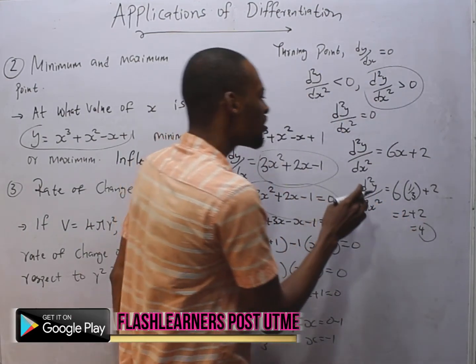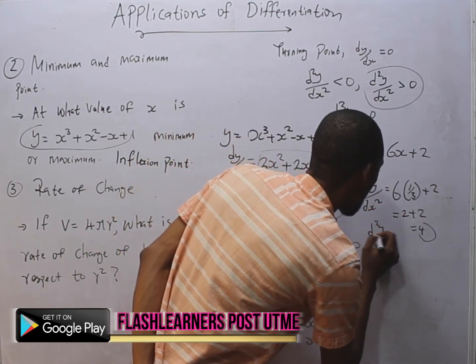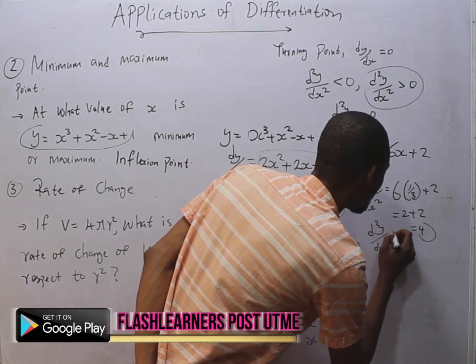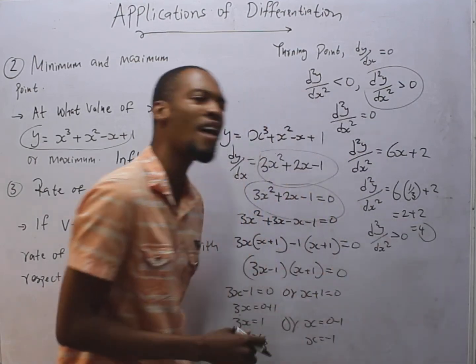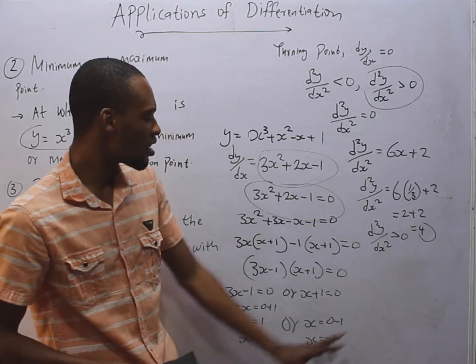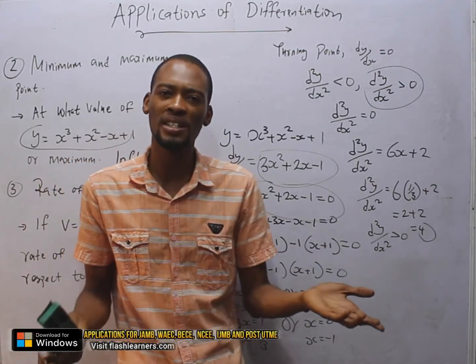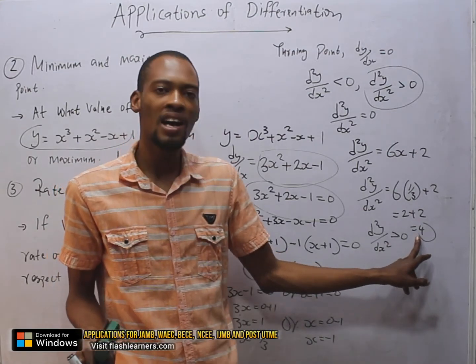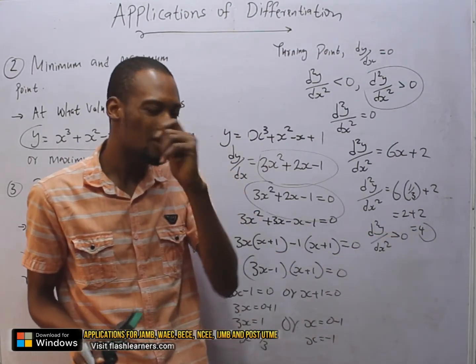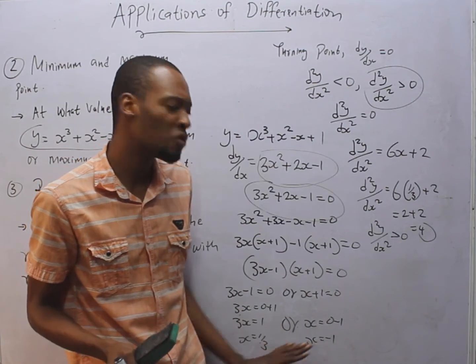Here, d squared y over ds squared is greater than 0. It is 4, and 4 is greater than 0. This means at s equals 1 over 3, we have a minimum point. So the minimum point is 4, and that minimum point occurred when s equals 1 over 3.